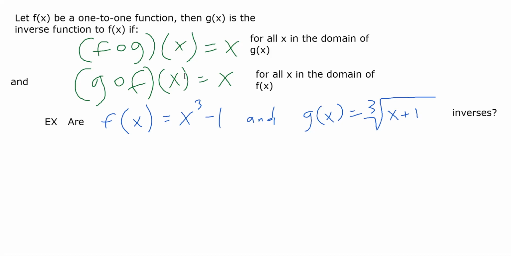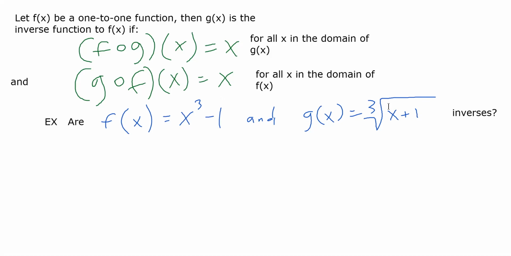Now, it's actually implied, though, remember, that you have to be starting with a one-to-one function. But it turns out if you look at the parent function of x cubed, it does pass the horizontal line test. And if you just move it down 1 unit, it'll still pass the horizontal line test.